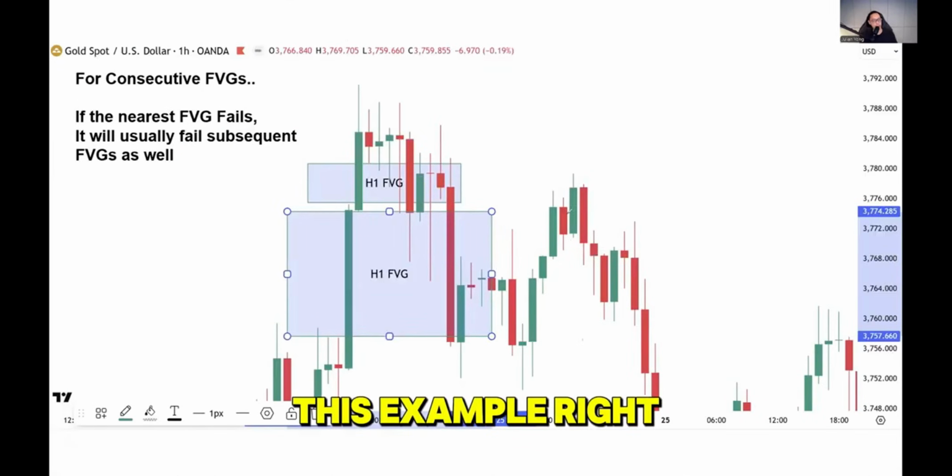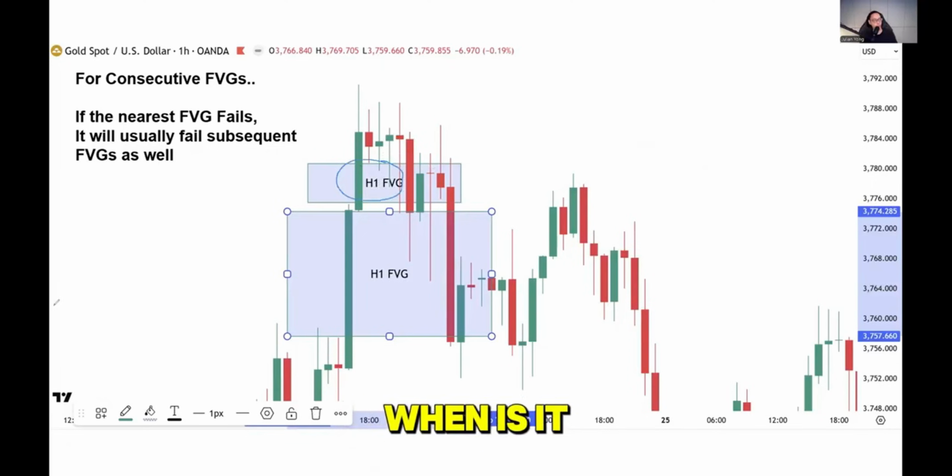Let's look at this example right here. Now, if there are consecutive fair value gaps, like in the example that I shared with you earlier, again, we only want to take the top one. When is it fresh? When it touched it for the first time, like so, you can see price did go up.